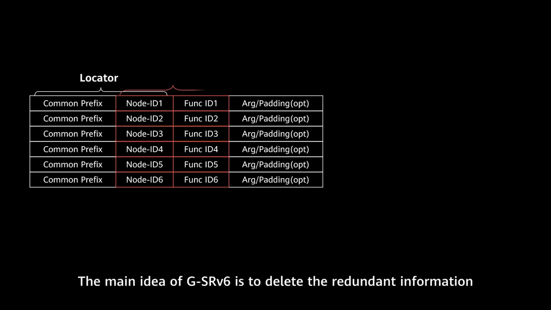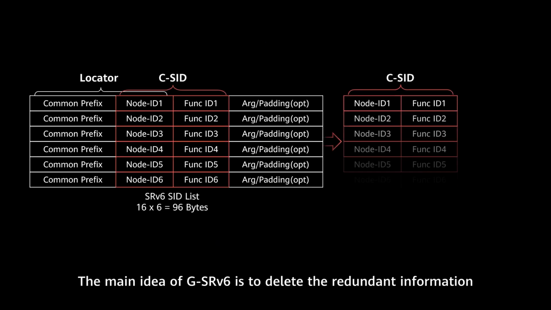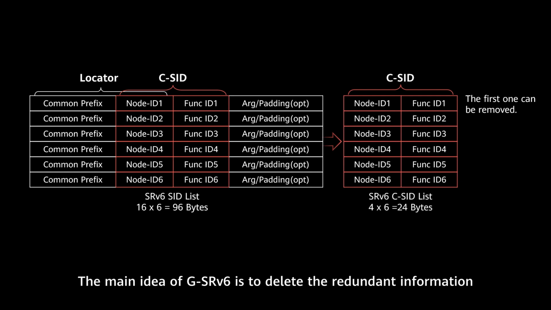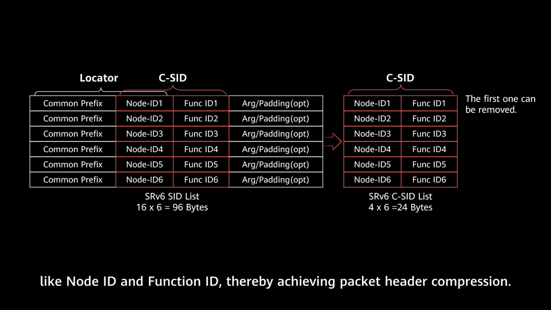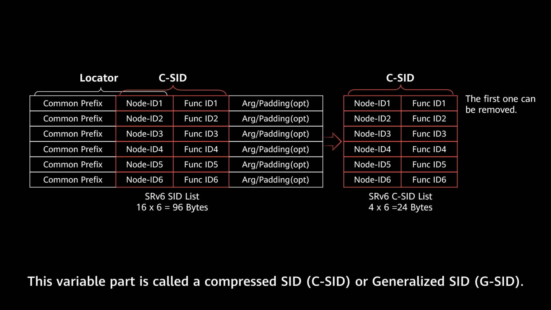So the main idea of G-SRv6 is to delete the redundant information, such as the common prefix, from the segment list, and carry only the variable information like node ID and function ID, thereby achieving packet header compression. The variable part is called a compressed SID, C-SID, or generalized SID, G-SID.